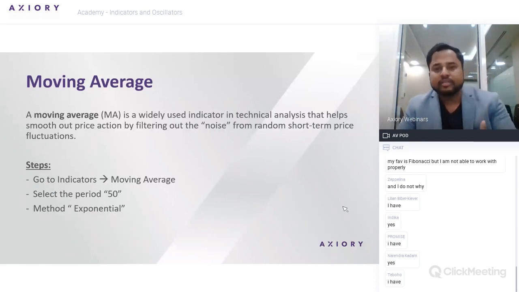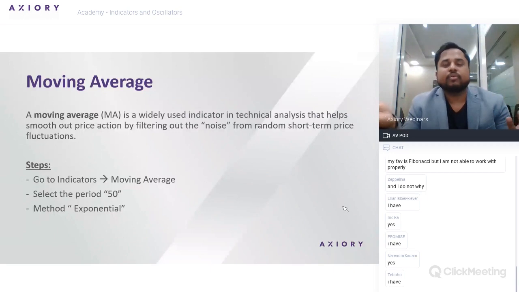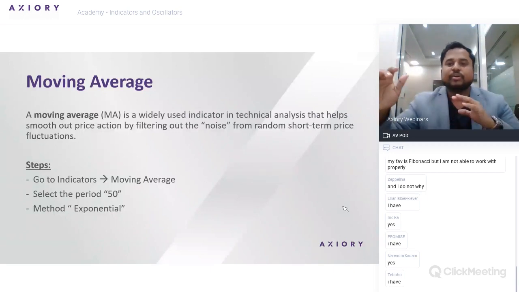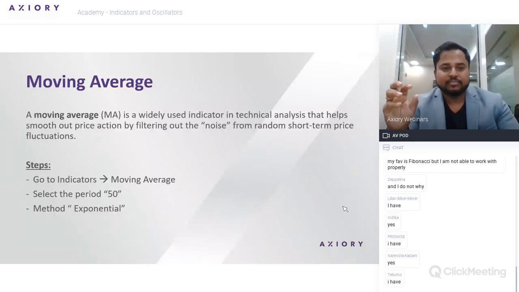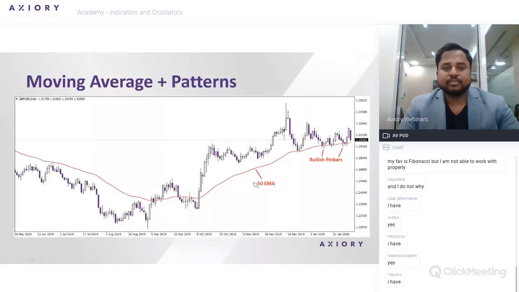It is not accurate. It is like a bridge over the river. It smooths your decision making to some extent. One of the commonly used indicators is the moving average. I'll show you what exactly a moving average is.